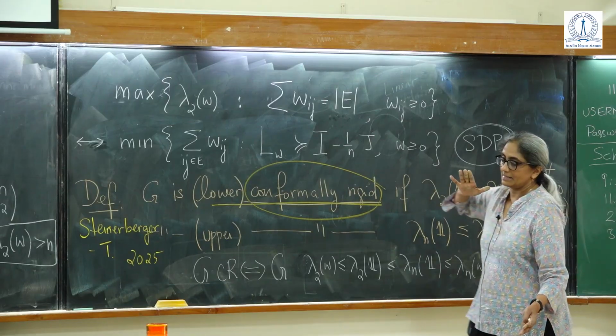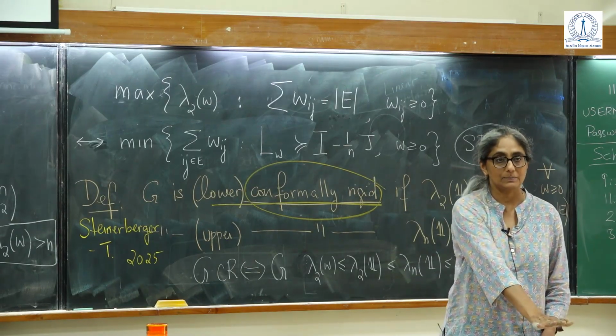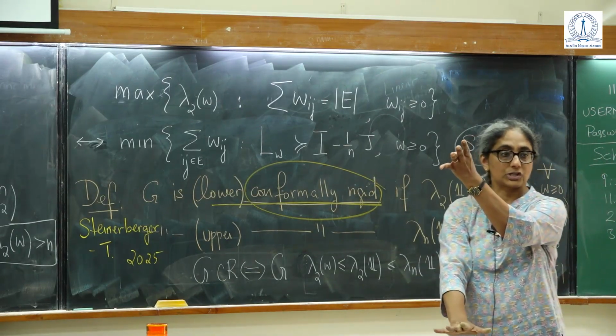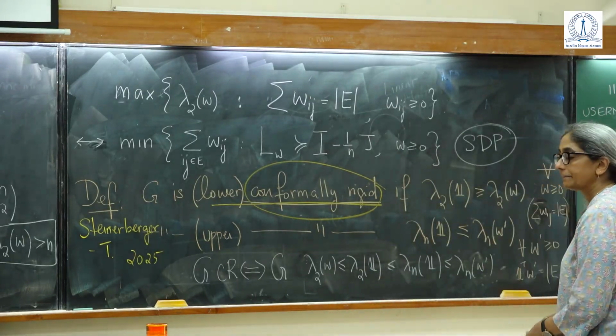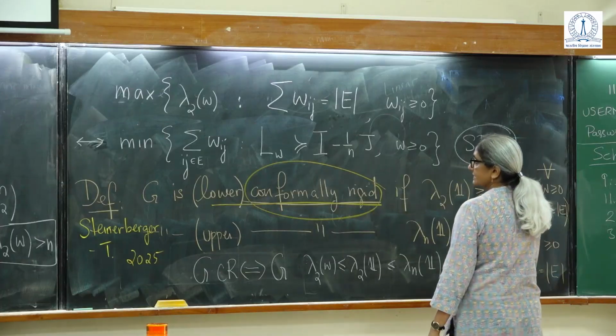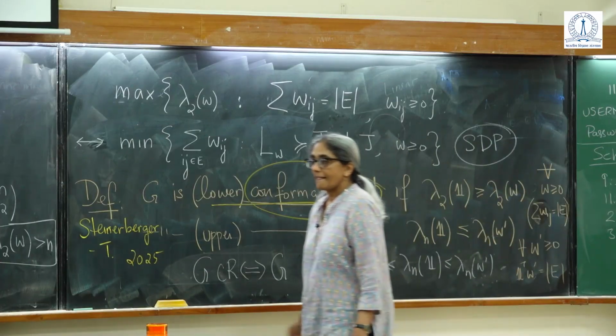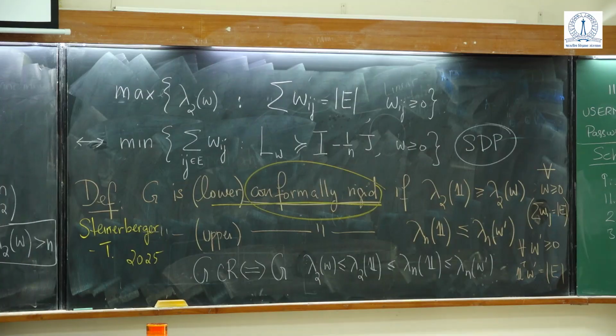That means lambda n is squeezed down as much as possible and lambda 2 is pushed up as much as possible. Those are the conformally rigid graphs. Great, so Kn is in there. Kn is an example where lambda 2 is equal to lambda n. So it's really tight, good.